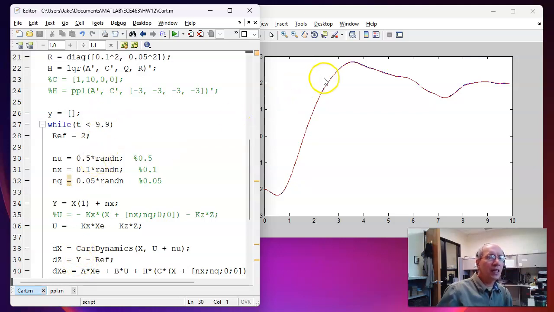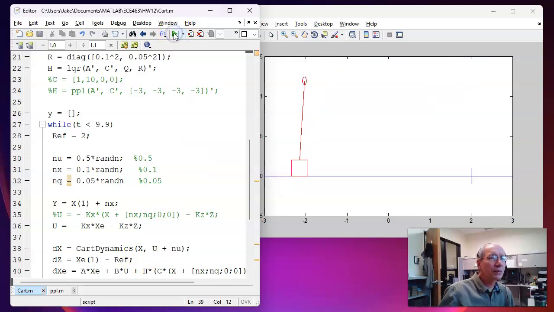If instead I used the estimated position, that takes out the noise. So let's make that the observer state, the estimated output. If I run that again, it'll behave a little bit better.